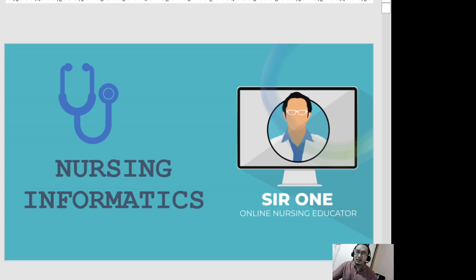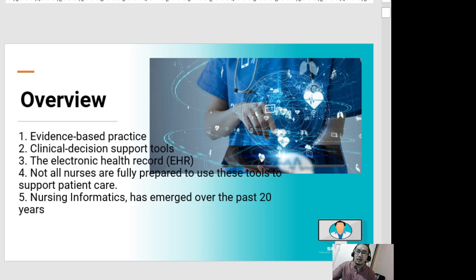Nurses are usually directly involved in information systems and technologies, because nurses are one of the foundations in evidence-based practice, one foundation in clinical decision support tools, and also in clinical knowledge support. Nurses are also one of the foundations in electronic health records, and these three are very vital.